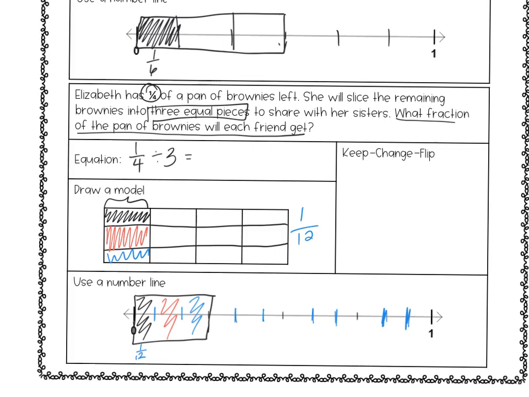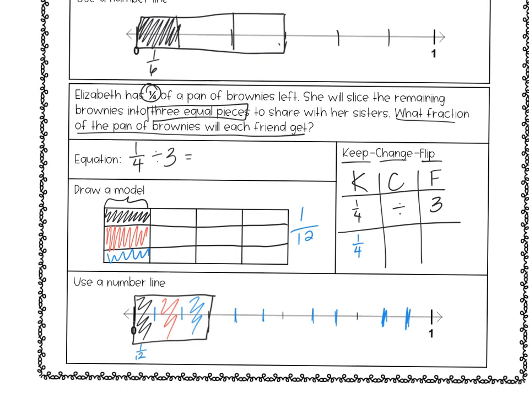And now we're going to use our keep, change, flip method. Please make sure that you write KCF above your problem. And we have 1/4 divided by 3. We're going to keep 1/4 the same. We're going to change our division to multiplication.